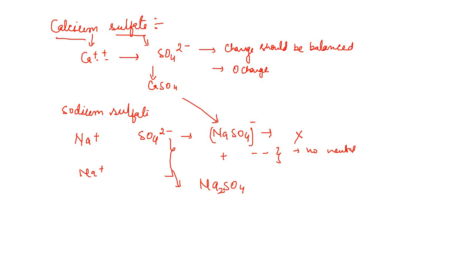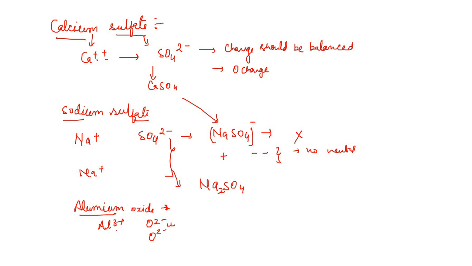This is how you should be balancing all your formulas. Whenever you write an ionic compound, you always write first the cation, then the anion, then you think about how to balance it. So can you put the formula of aluminium oxide? You can pause the video, think of it and let me know. I hope you got it. So aluminium is Al3+ and what is oxide? O2-. Now see here you have 3 plus, here you have 2 minus. So if I want to balance, obviously I need to put more of this.